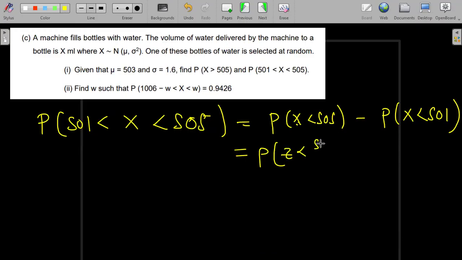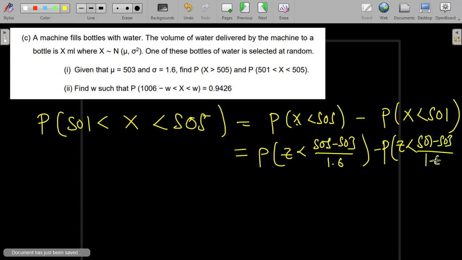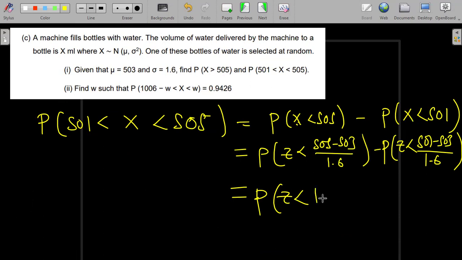And then this one, it's just 505 minus the mean, 503, divided by 1.6, minus probability z, 501 minus 503 and then 1.6. Right, so this will be probability that z is less than 505 minus 503 is 2, divided by this, I get 1.25, minus probability that z is less than 501 minus 503. That will be minus 2, and then divided by 1.6, I get minus 1.25.